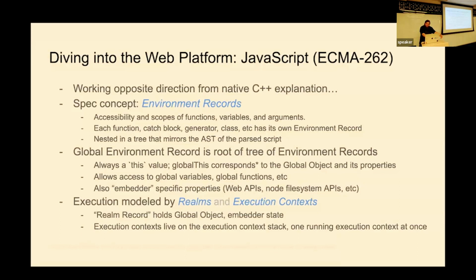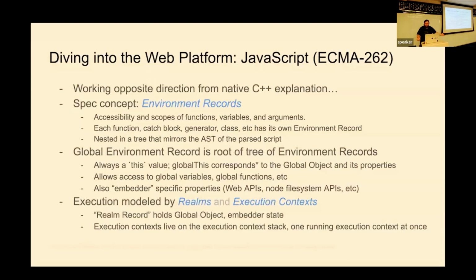This global object on a web page is the window, and it has your embedder specific properties, like the web APIs, or if you're in a Node REPL, it'll have your file system APIs and whatever else.